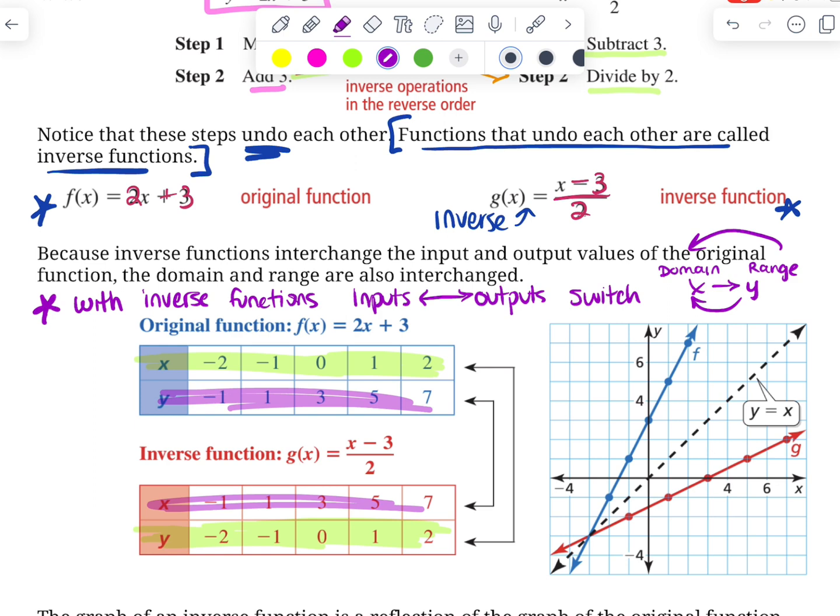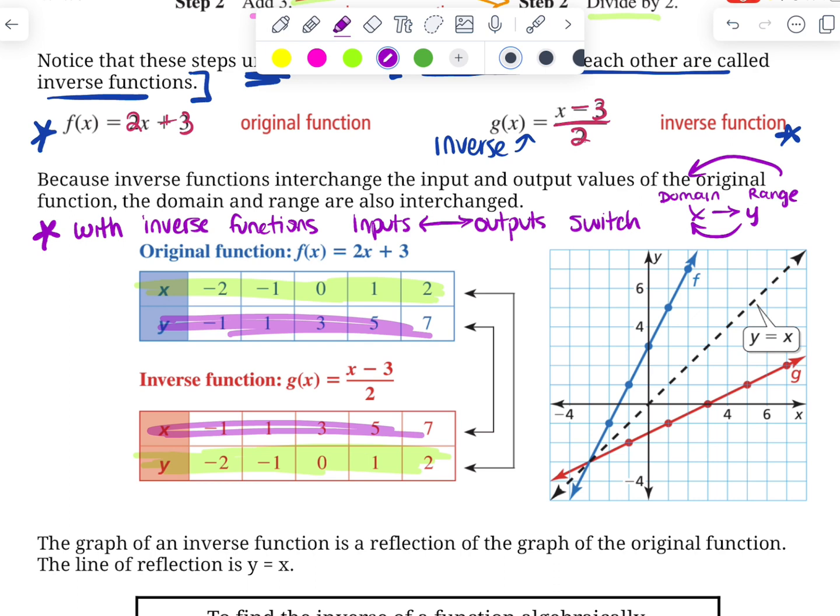What that looks like visually in the graph is that if you were to graph a function with its inverse, you will see a type of symmetry, a reflection along the y equals x line.